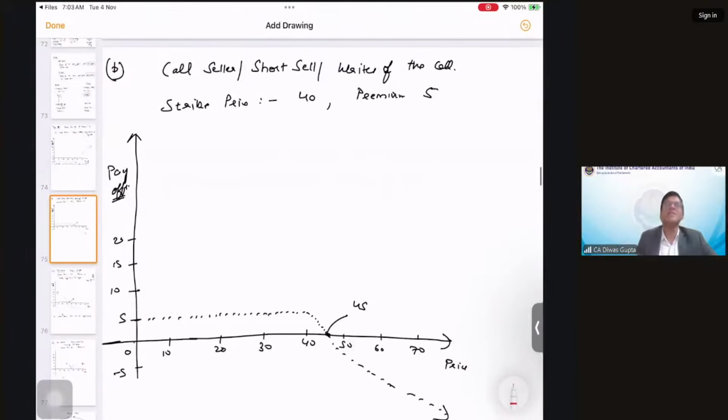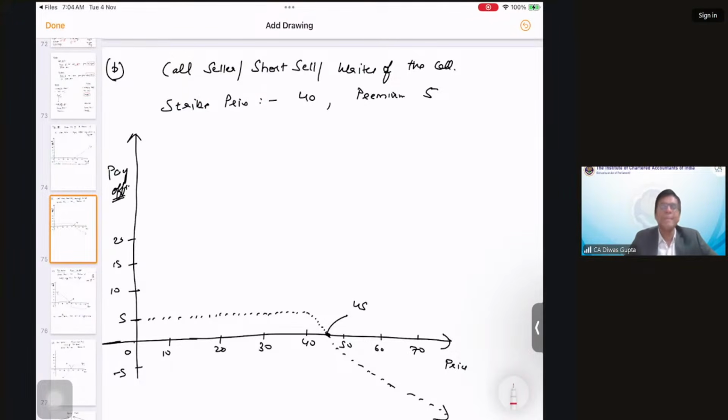Similarly, from a call option seller's perspective, first they are getting an income of a premium equivalent to 5 rupees, but the moment the price increases, they have to bear a loss, right? Because they are going to pay to the call option holder.